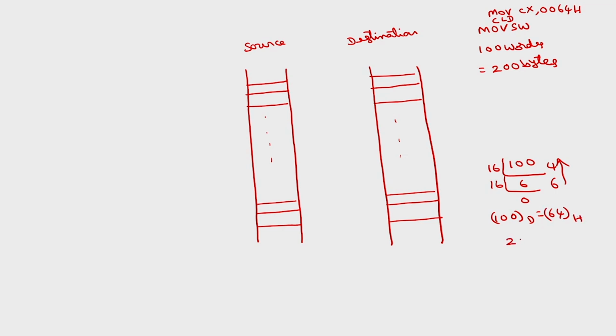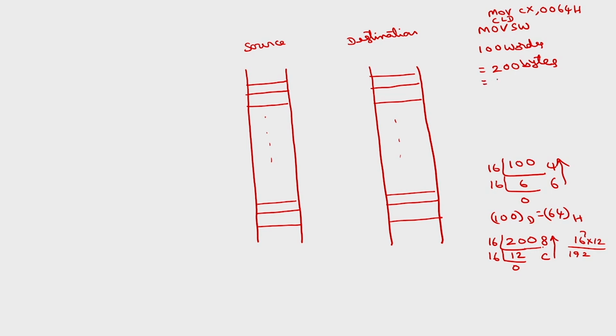Now what is 200 decimal? 16 twelves are 192, remainder is 8, 16 zeros, remainder is 12, which is called C. So this is equal to C8.